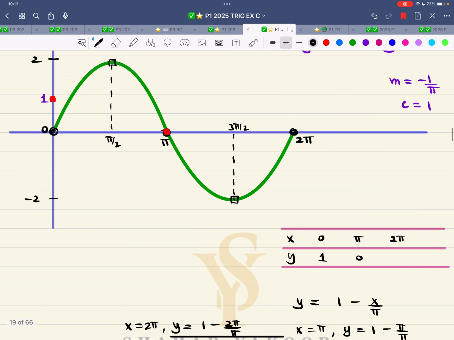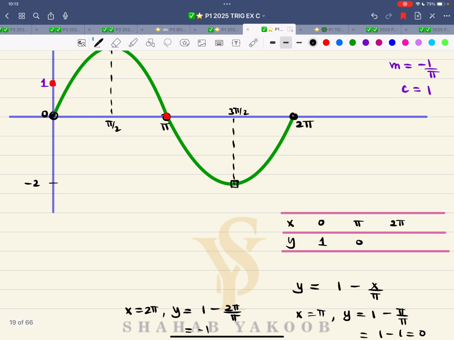So 2 pi is giving me negative 1. So let me grab my red marker, and approximately over here is negative 1. Now let's join these 3 points. Let's make a line a bit thicker. And that is a reddish line that I'm drawing, and let's hope it's a nice one. And I think that's a good one.